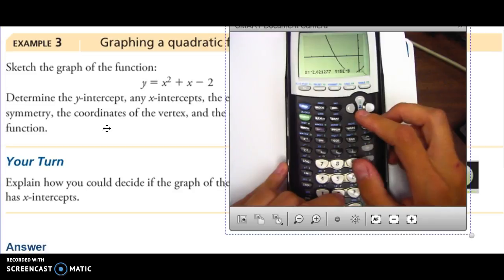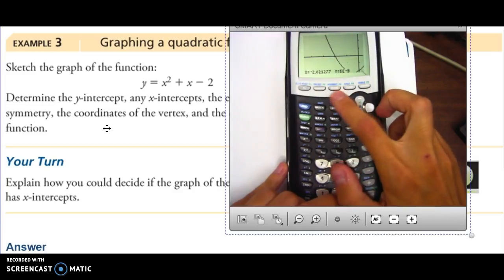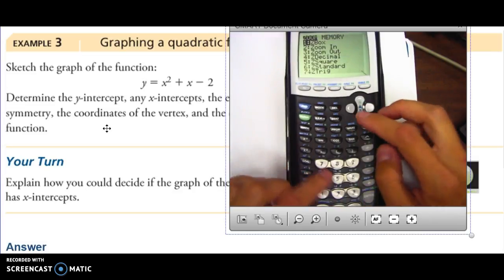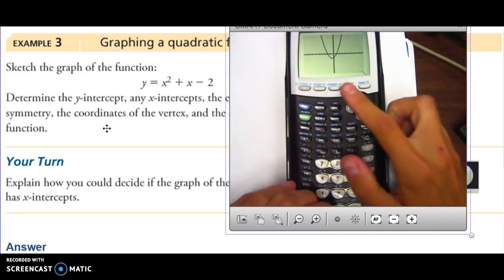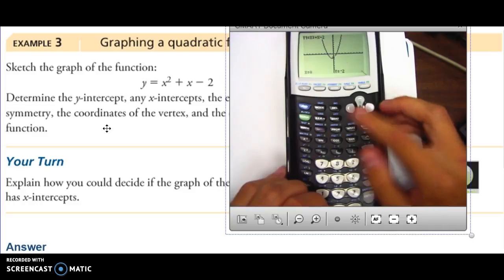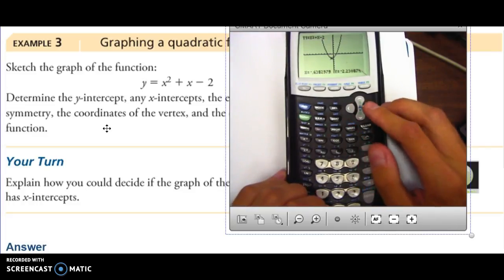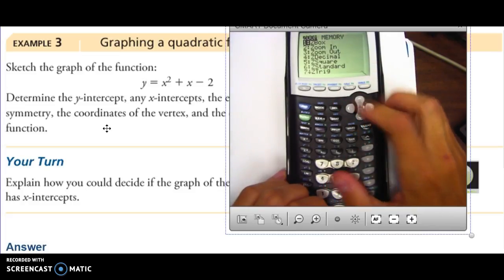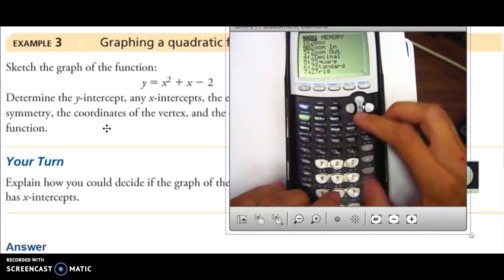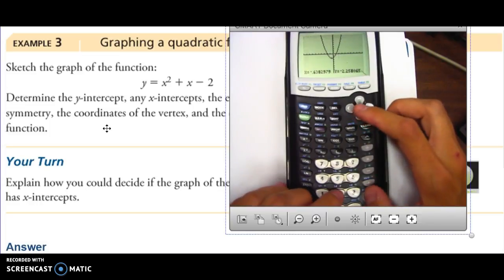If we want to find the equation of our axis of symmetry, we'll go back to our standard window and hit trace and cruise down till we get to what we think is the bottom of the parabola, where we can hit zoom and zoom in.